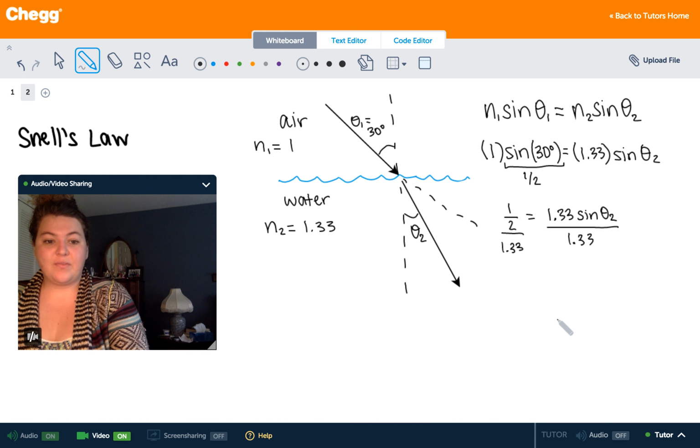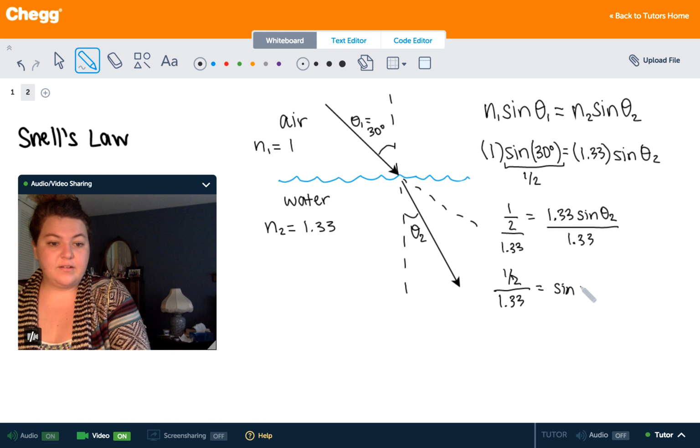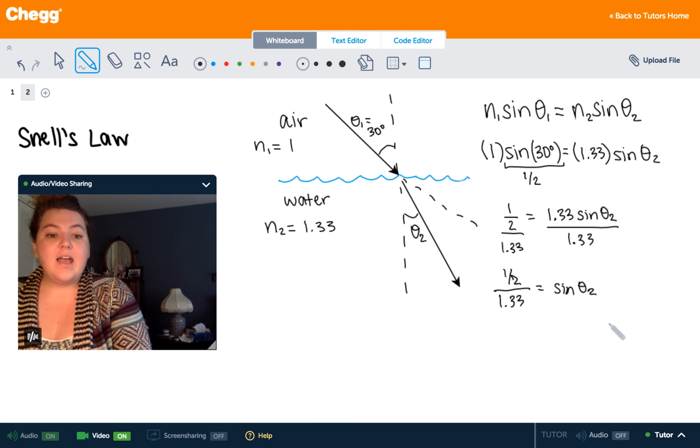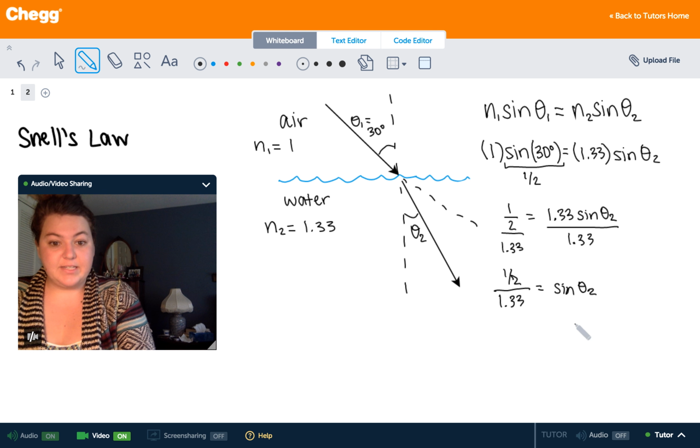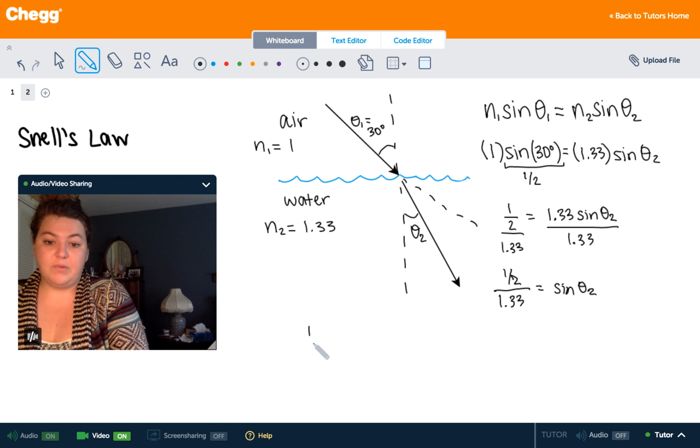Okay? So now we have 1/2 divided by 1.33 is equal to the sine of theta 2. And to get theta 2 by itself, we simply take the inverse sine of both sides.